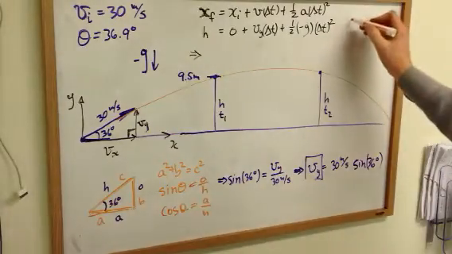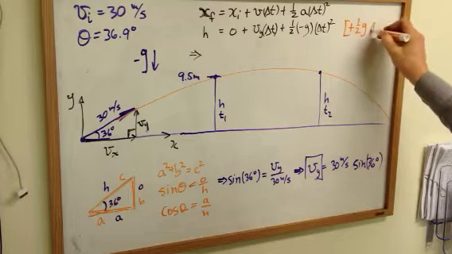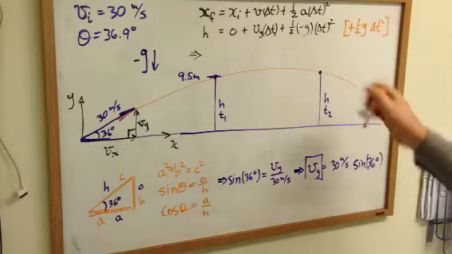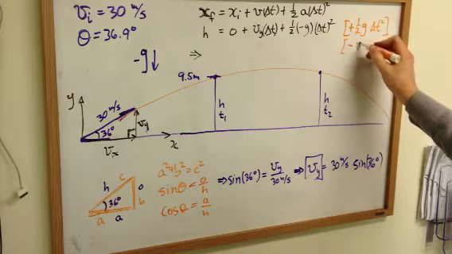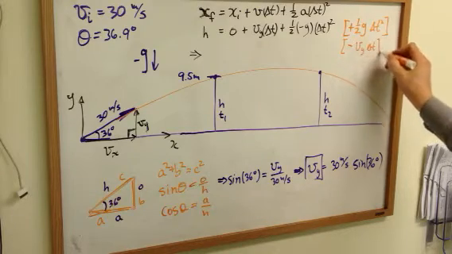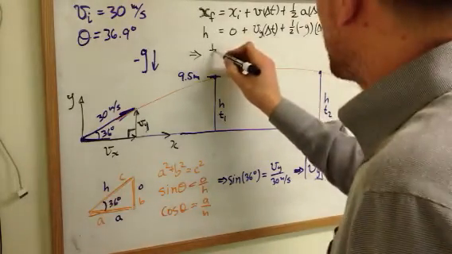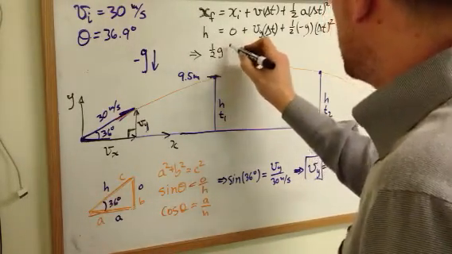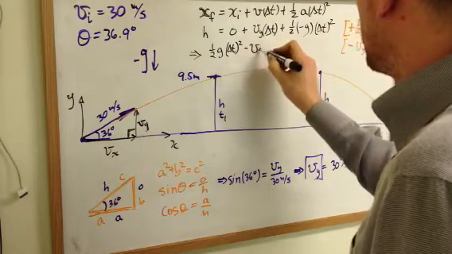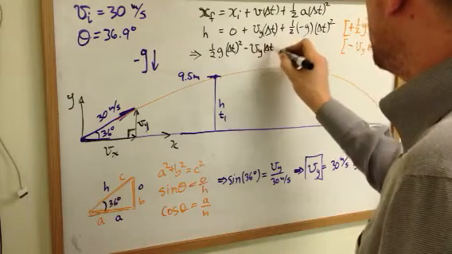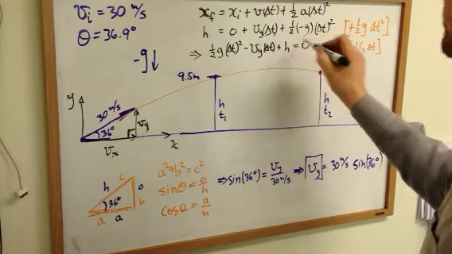And just to be really explicit for people, I'm going to add 1/2 g delta t squared to both sides, and I'm going to subtract Vy delta t from both sides. 1/2 g delta t squared minus Vy delta t plus h is equal to 0.